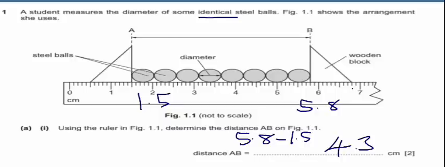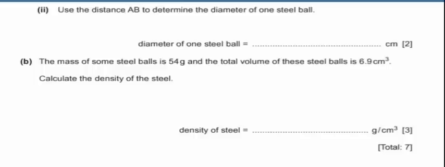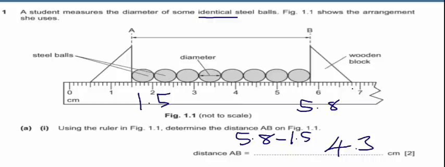Let's see the next question, which is Roman number 2. It is saying, use the distance AB to determine the diameter of one steel ball. So the total length of AB was 4.3. Let me just check how many steel balls we have here. They are about 1, 2, 3, 4, 5, 6, 7, 8, so about 8.